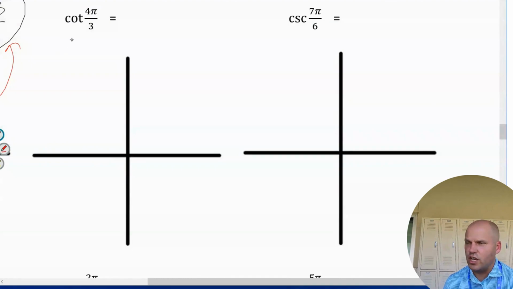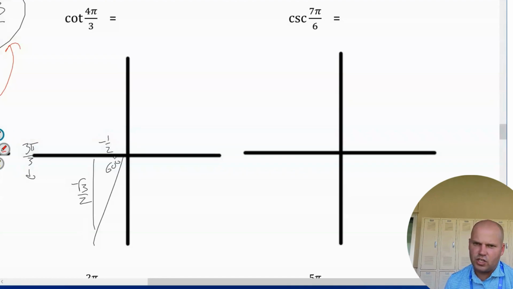Let's do adjacent over opposite, 4 pi over 3. Here's 3 pi over 3. Add 60 degrees. Here's 4 pi over 3. Tangent's opposite over adjacent. Cotangent is adjacent over opposite.